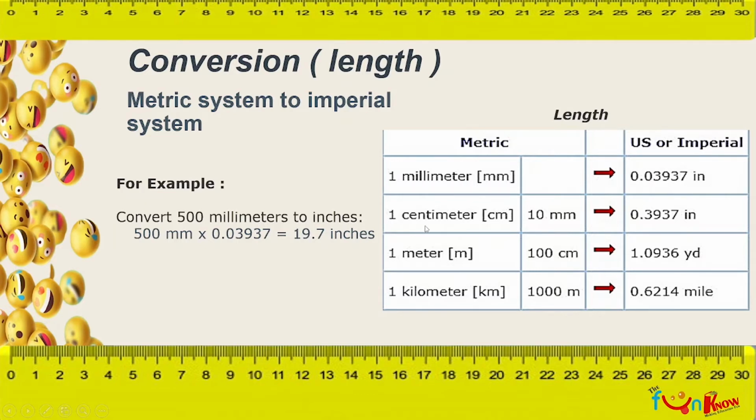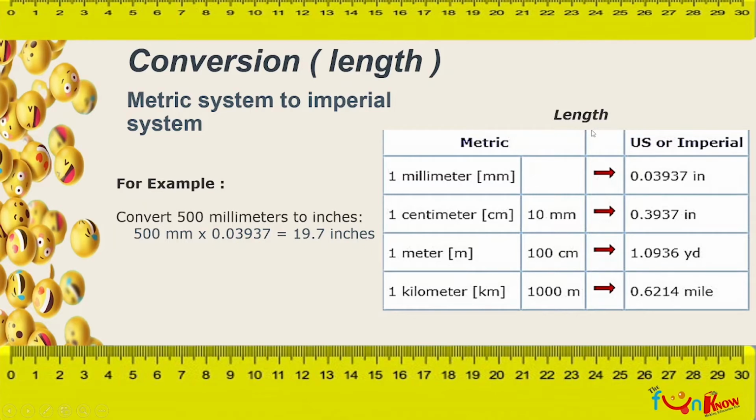IN is inches. 1 centimeter will be 10 mm, which is also 0.3937 inches. 1 meter, that is also known as 100 centimeters, is 1.0936 yards. And then 1 kilometer, 1000 meters, can also be converted into imperial as 0.6214 miles. So now students, you can see this is how you can convert it, right?